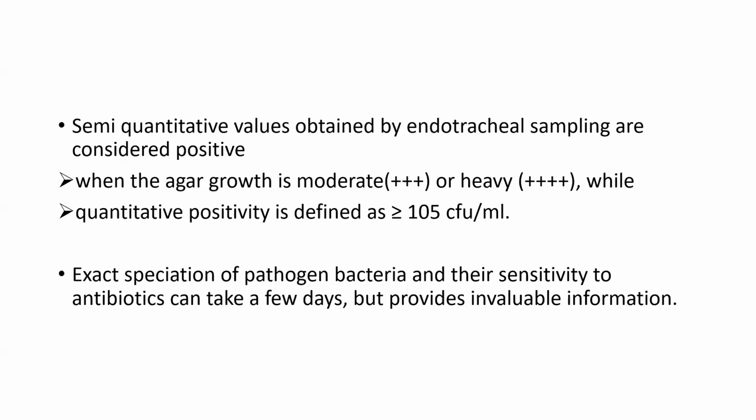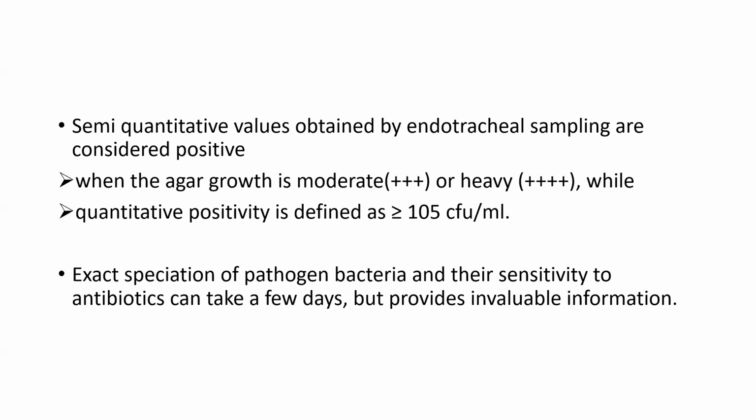We can say the specimen is semi-quantitative when the agar growth is moderate or heavy, and quantitative positivity is based on the colony count units. When it is more than 10 raised to 5, we will call the specimen quantitatively positive.